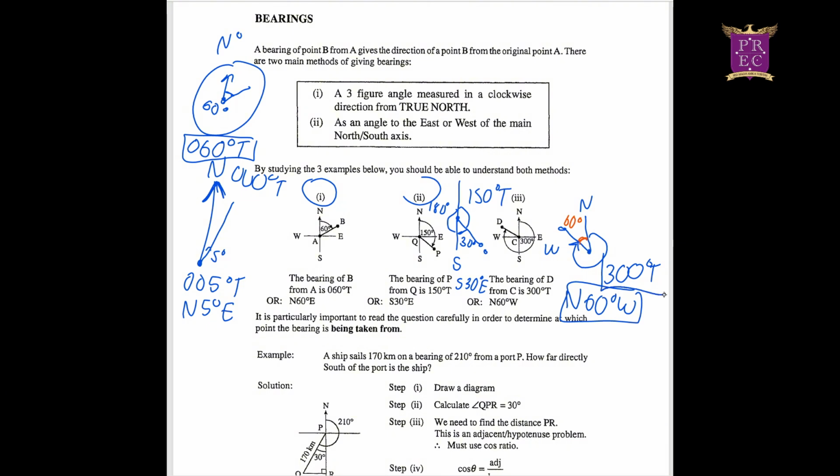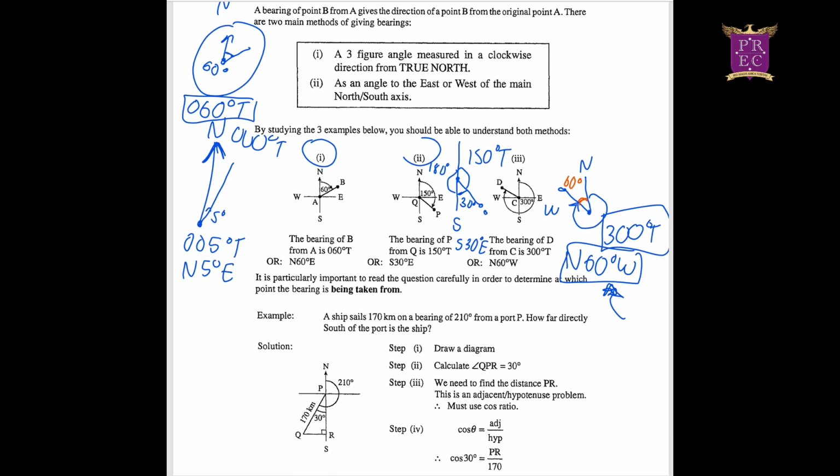You can give it in either way, but just make sure to do 3 figures for true bearings and write your answer relative to which direction for this one. If you find yourself doing a 3-figure number, a number that's more than 90 degrees over here between 2 directions, you're wrong, so always check what you did wrong.